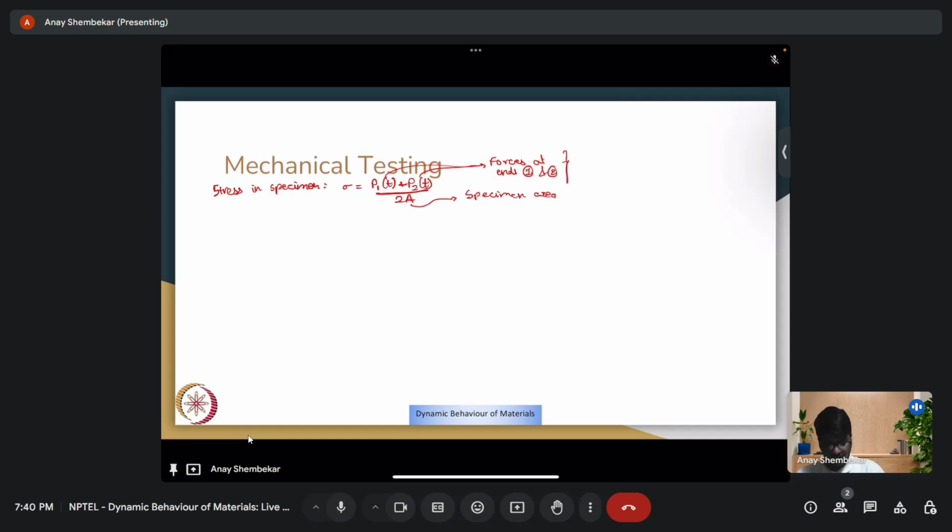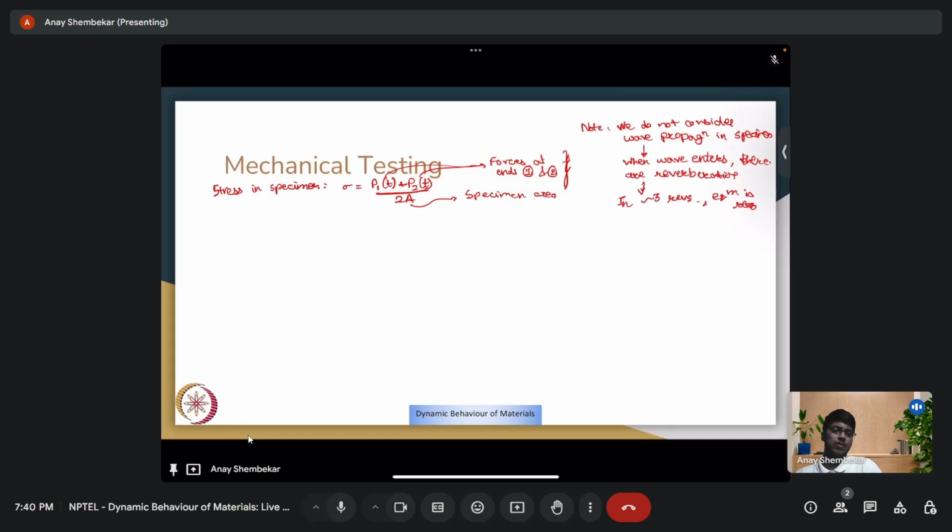It's important to note here that we do not consider wave propagation inside the specimen, and the reason for this is that when the wave enters, there are reverberations, and in about 3 reverberations equilibrium is reached.